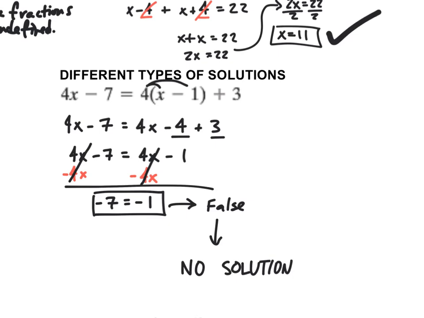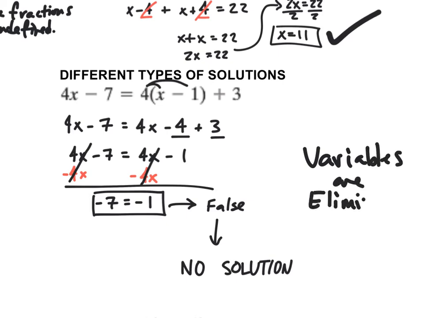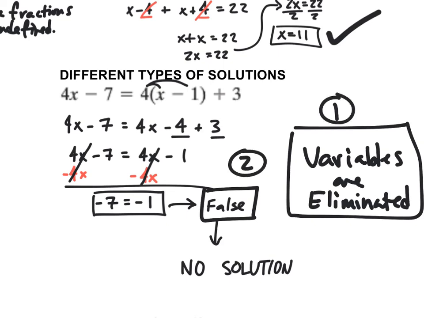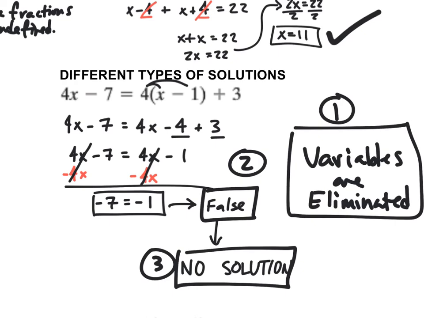So the variables are eliminated, you get a false statement, and the third thing you need to say is that you have no solution. And that's what we've got.